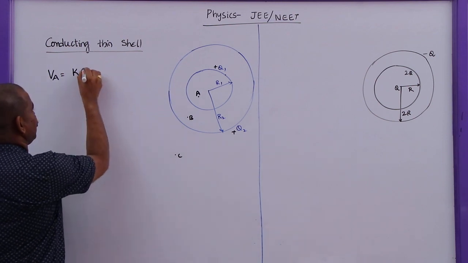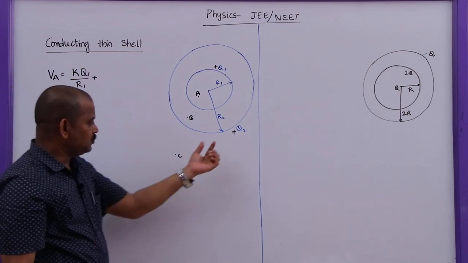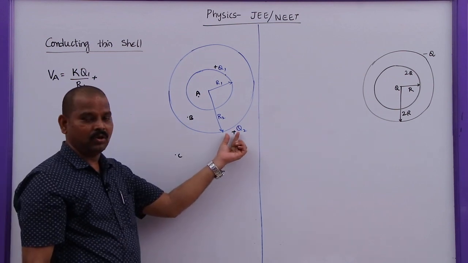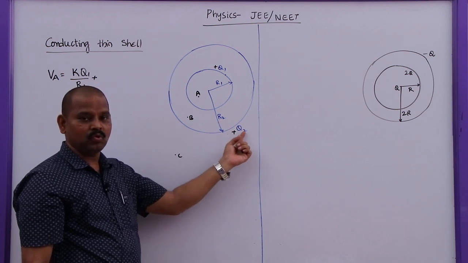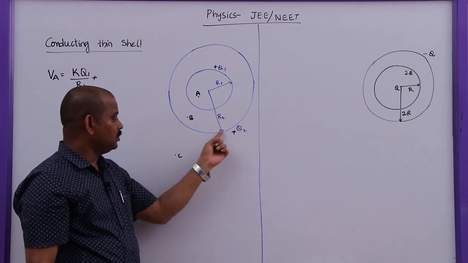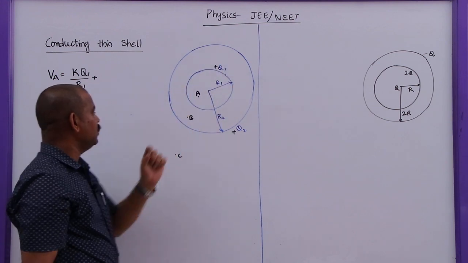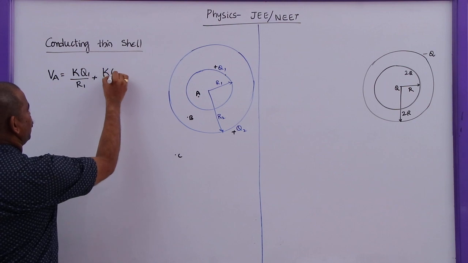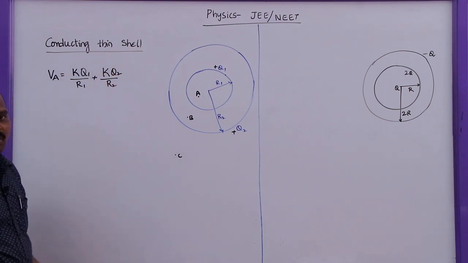So this is given by K Q1 by R1 plus, as charge is present on the outer shell also, the potential on the outer shell at a distance R2 is given by K Q2 by R2. The same potential exists throughout this one at any point here, here, here. So I can write this as K Q2 by R2. So this is the potential at point A.